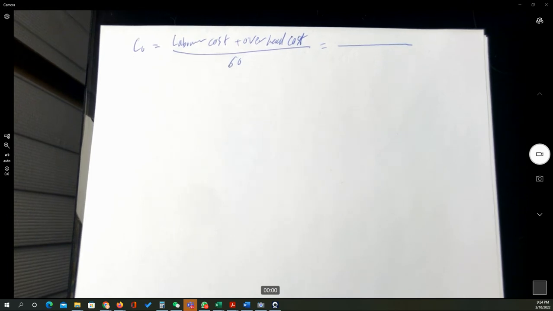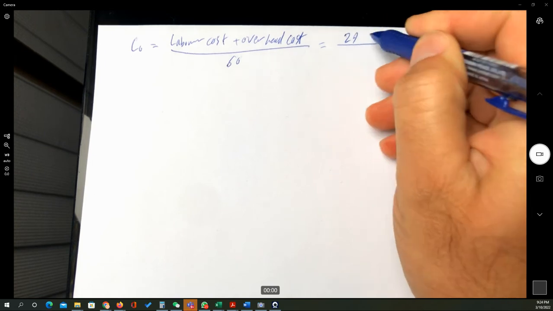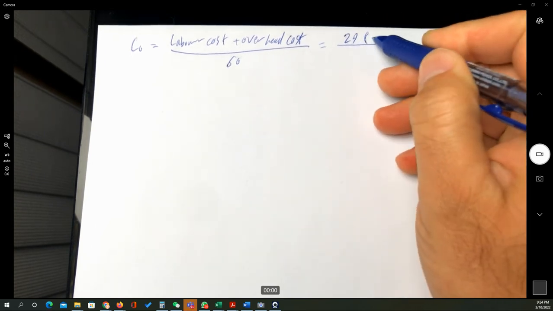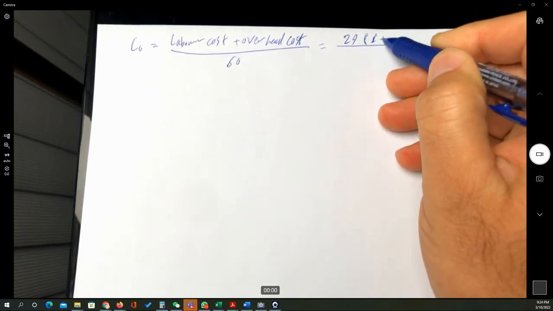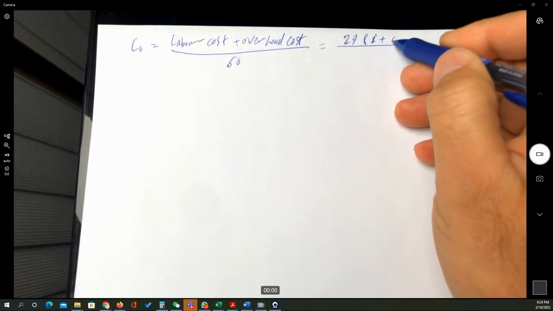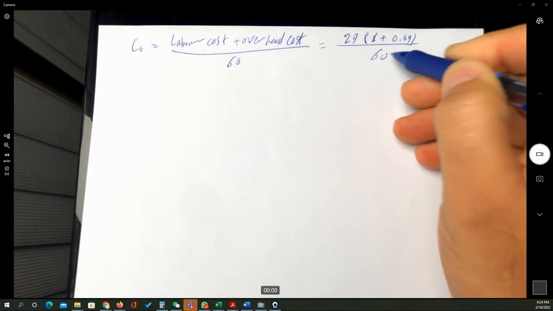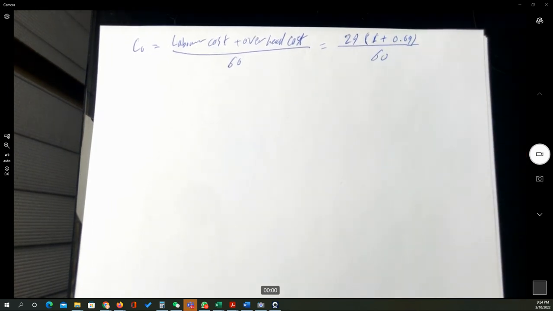The labor cost was equal to $29. Now we have labor cost plus the overhead cost percentage, which is 69%, 0.69, and divide that by 60.